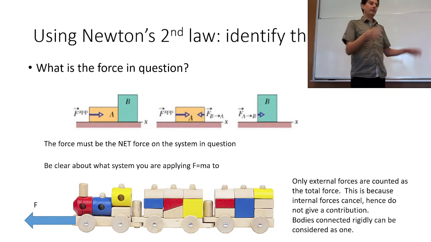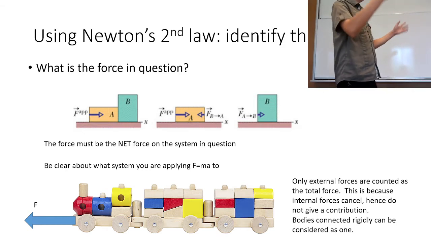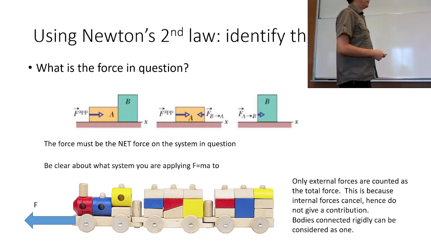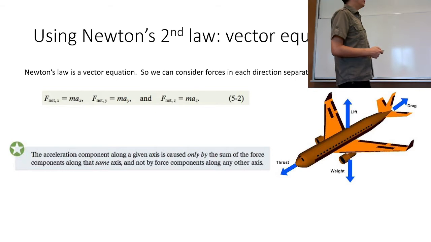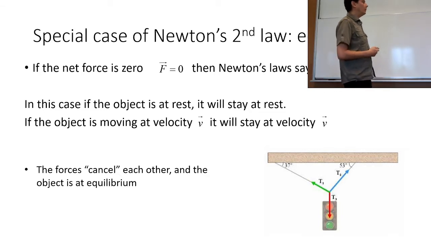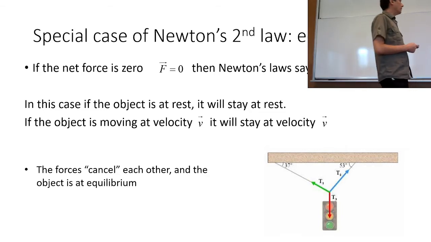And applying it to different parts of the same system is the standard trick that you will often use to solve these problems. It's also a vector equation, so if you've got forces in 2-dimensional space, then you can treat them separately. Equilibrium is a special case when forces all cancel.